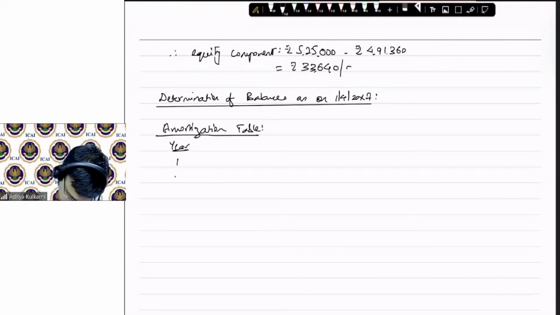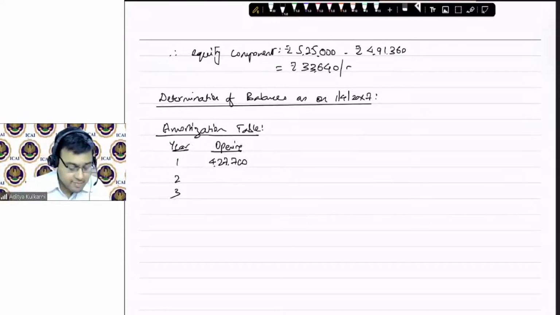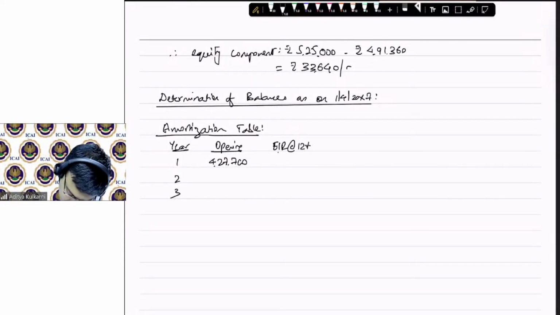We have to prepare the table for 3 years. Opening 4,27,700. Effective interest rate is 12% initially. Coupon is 40,000.